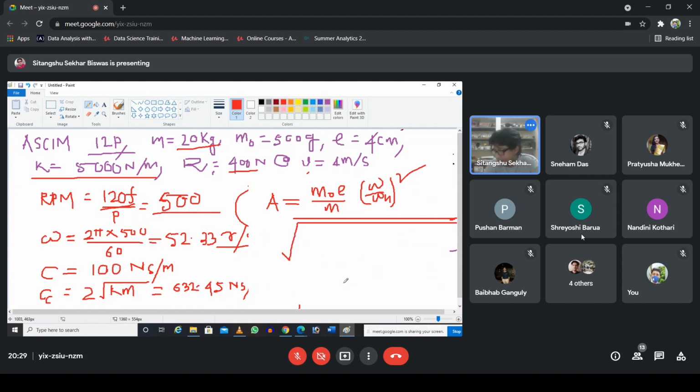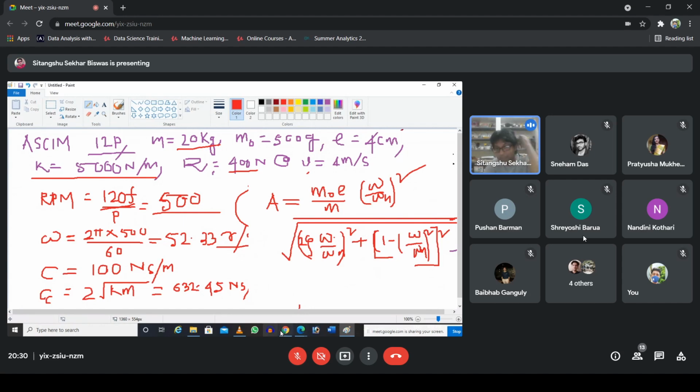under root 2 zeta omega by omega n, this whole square, plus 1 minus omega by omega n whole square, a total term whole square.